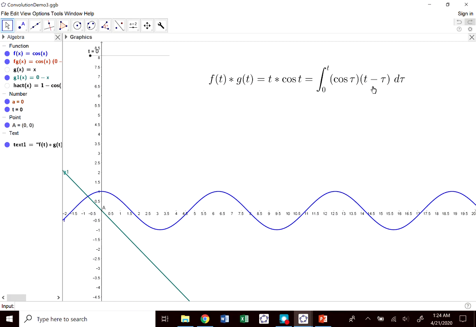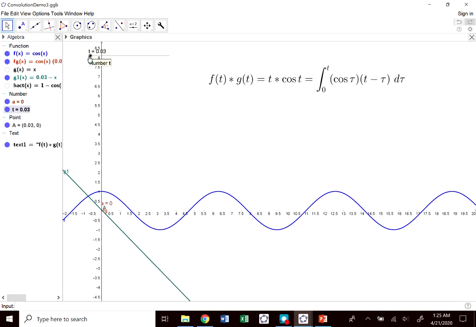Okay, when t equals 0, we have a negative tau. Negative tau, think of as a negative x, which is what you are seeing. That's negative tau. And cosine of tau is this blue. Now, let's do the same thing as we did before.